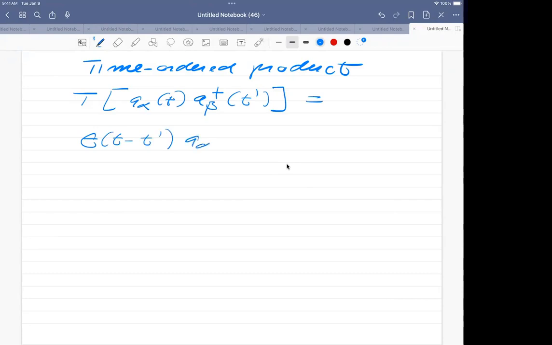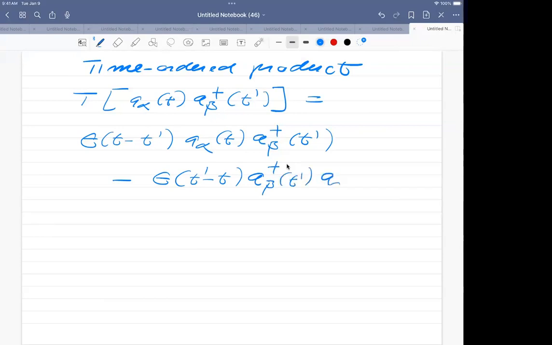And the first one is for particle states, a alpha of t a dagger of beta. But then we have the part which depends on the hole states. And then we have theta of t prime minus t, which would then be a dagger of beta of t prime times a alpha at t. So the first part is for particles, and the second one is for holes. And we have the theta function as a way to implement that the equations have to obey causality.